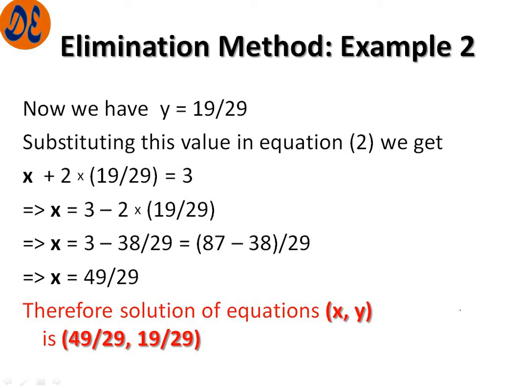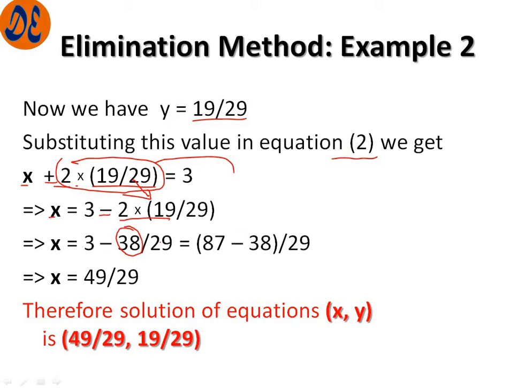So now we have y is equal to 19 by 29. Now we substitute this value into x plus 2y is equal to 3, putting the value of y. So we get x is equal to 3 minus 2 into 19 by 29. We move the whole part to this side. So here it is plus, so here it will become minus. Now if we multiply, we are getting 38 by 29.